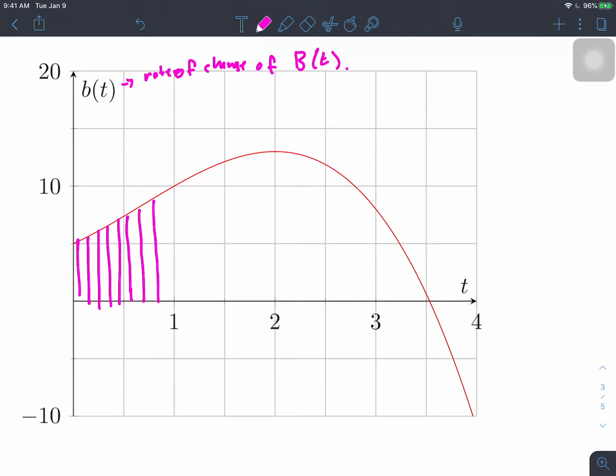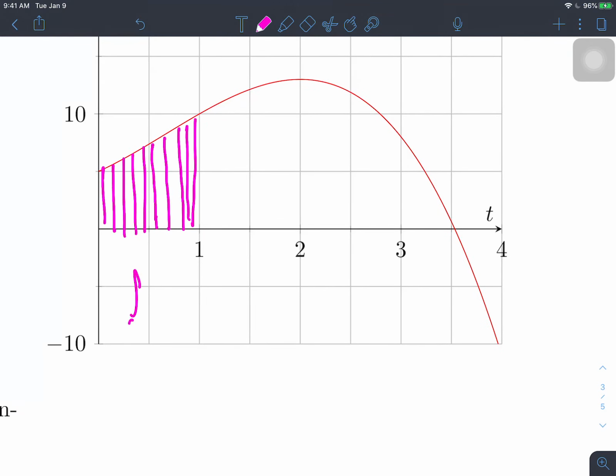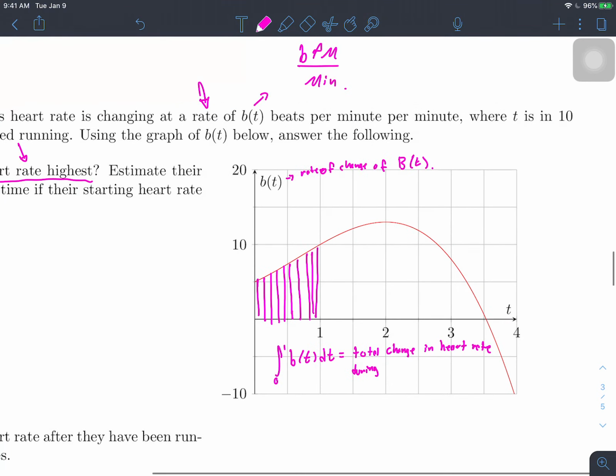Then this area, the integral from 0 to 1 of b of t dt, is going to be equal to the total change in heart rate during the first 10 minutes.